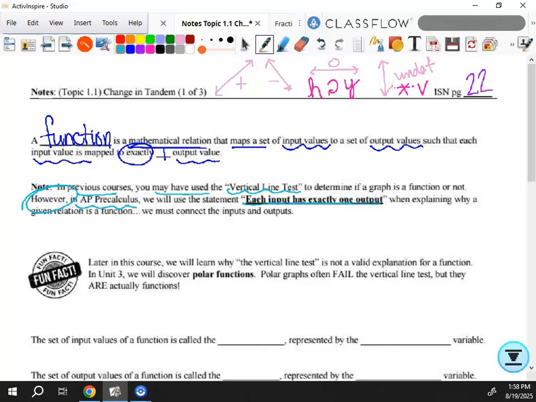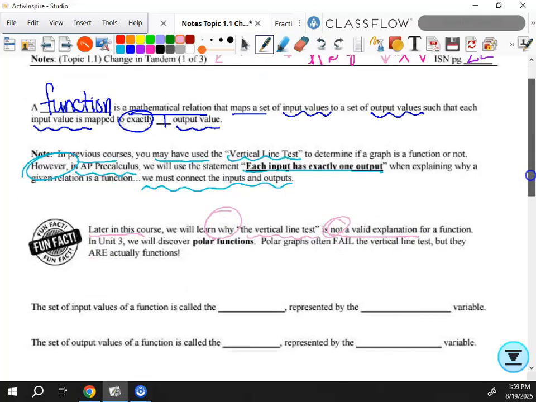If we have to state whether or not something is a function, we cannot say f is a function because f passes the vertical line test. That is not okay. We're not going to get credit for that. We have to talk about inputs and outputs. So we must connect inputs and outputs. Later in this course, we will learn why the vertical line test is not a valid explanation.